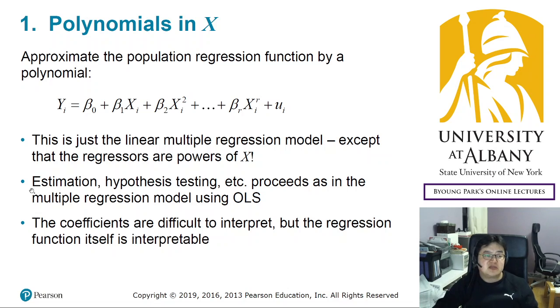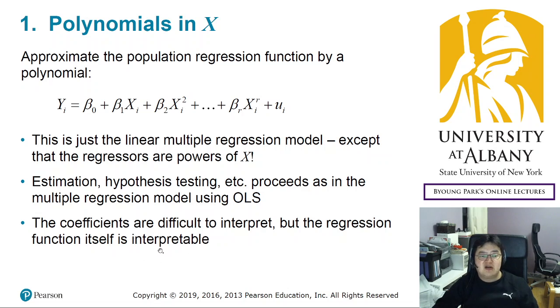So all the methods like estimation, OLS, hypothesis testing, confidence interval, like say F statistic or confidence set, everything is equivalent to the multiple regressor case. However, of course, the difference is the coefficients interpretation.